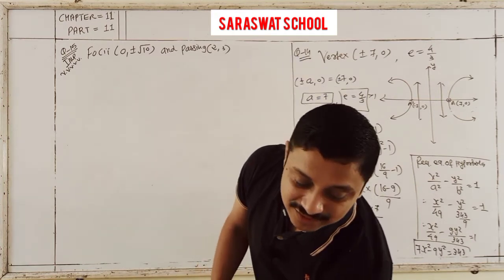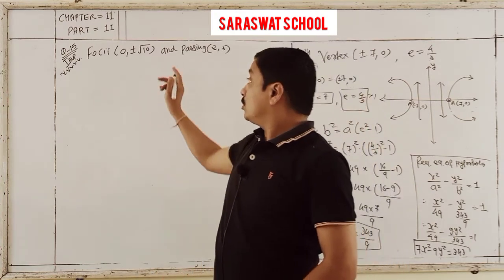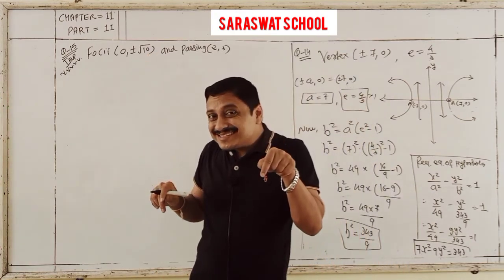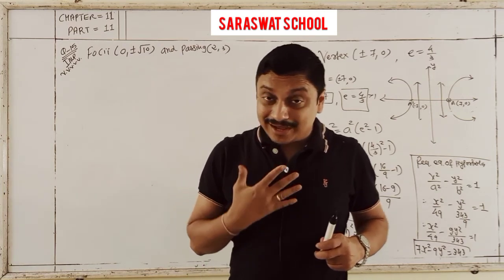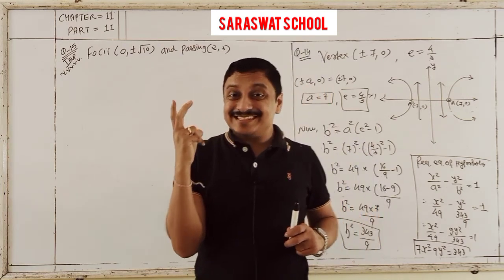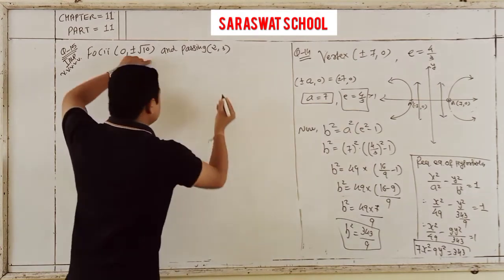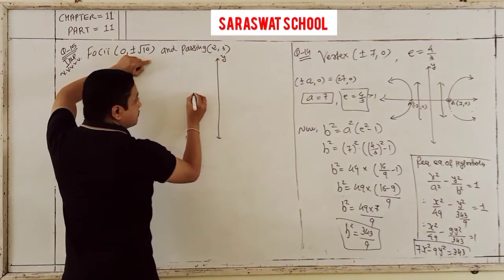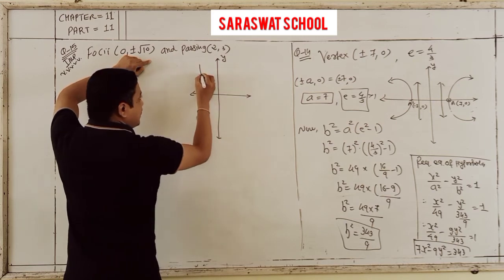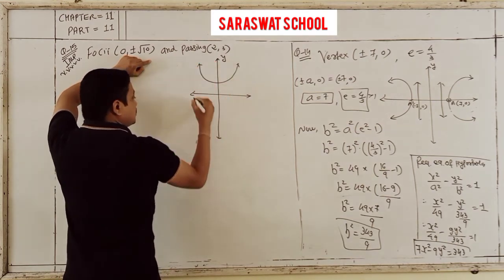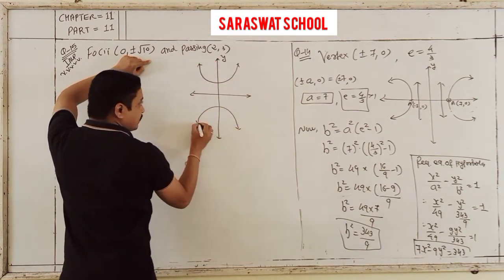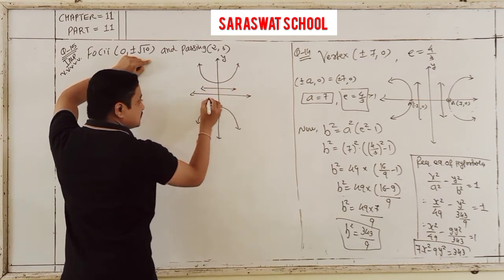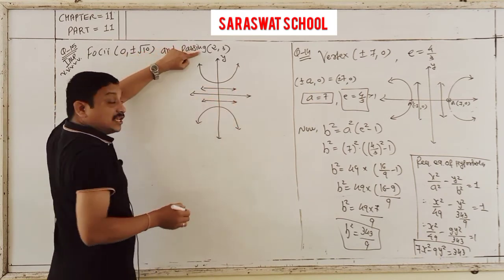So very easy, students. First of all, you check the focus is given on the y-axis. It means our hyperbola is on the y-axis. It means the second case. So I will draw that type of hyperbola in this way. Here is your directrix, and it is passing through 2 comma 3.